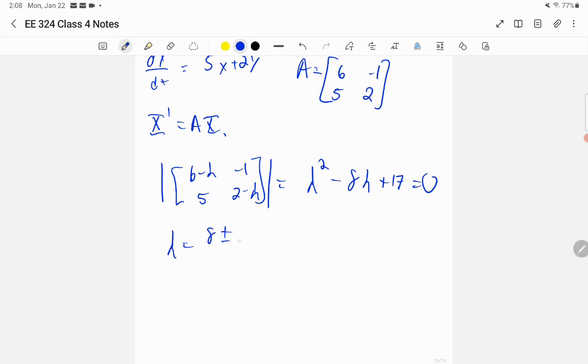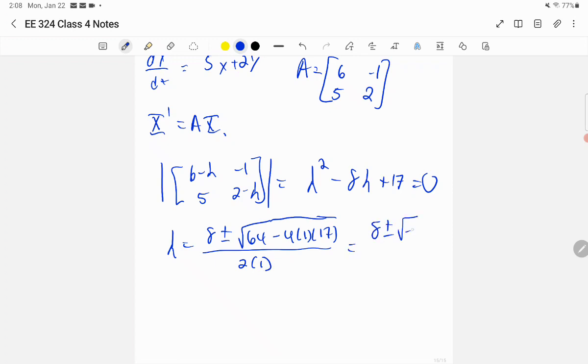8 plus or minus the square root of 64 minus 4 times 1 times 17, all over 2 times 1. We get a minus 4 under the square root sign, which gives 4 plus or minus 2 times i.